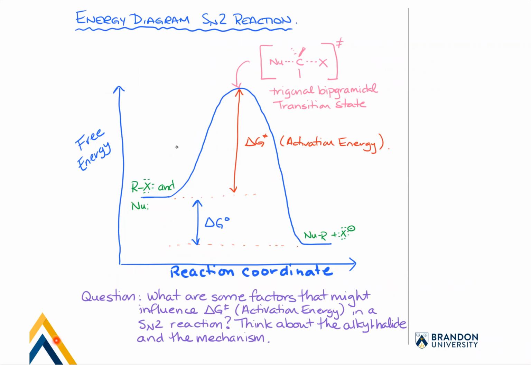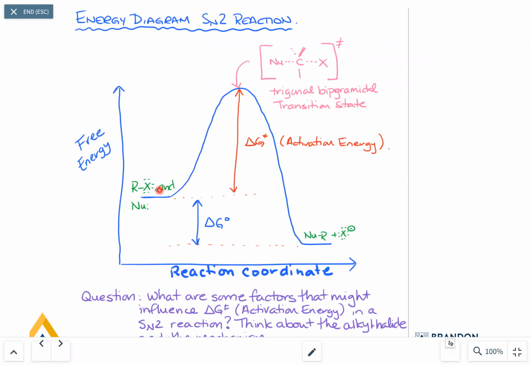Okay, so the energy diagram for this one. We've seen this before briefly. This is a concerted process. So we start with our two reactants and we end with our two products. In this case, it's downhill. We haven't really defined what X and the nucleophile happen to be in this case.